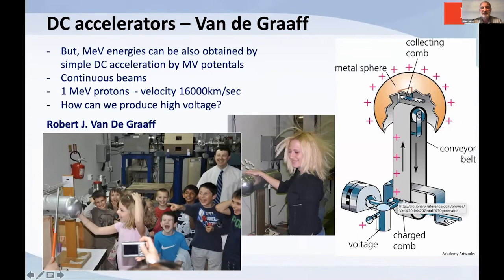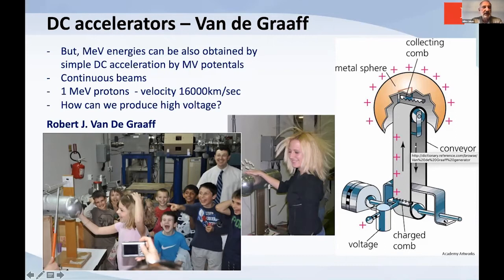Positive charge is transported to the insulated terminal at the top, and as the charge is grouped on the outside of the sphere, it charges slowly, transporting the charge from the ground potential up to the ball. With this very simple mechanism, you can easily produce 1 million or a few million volts.